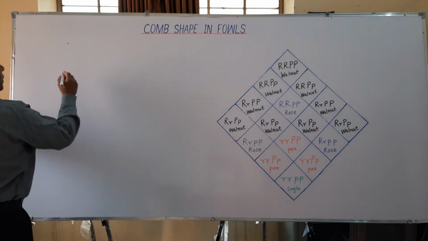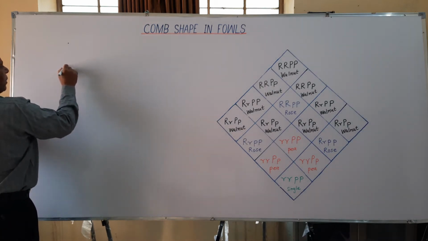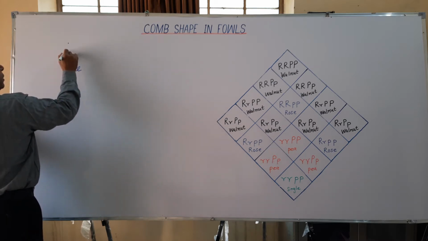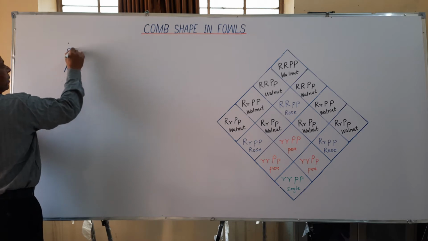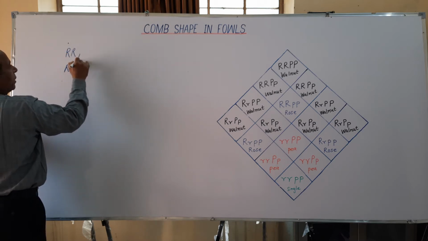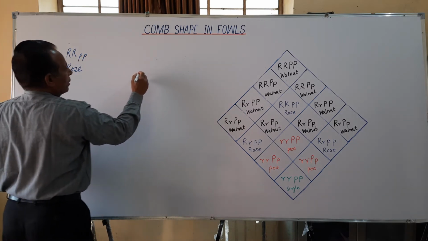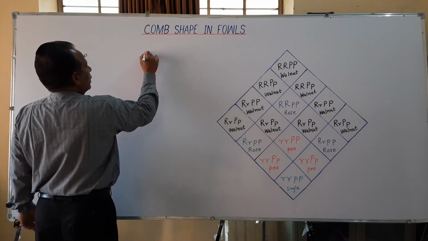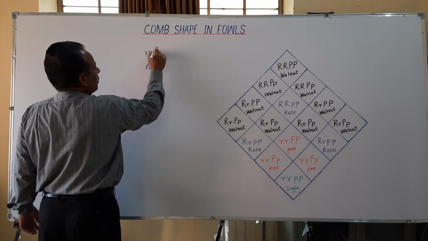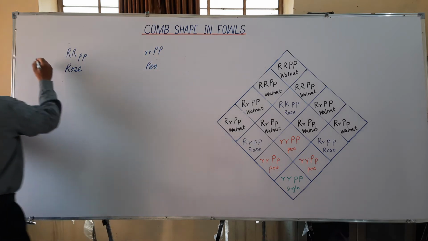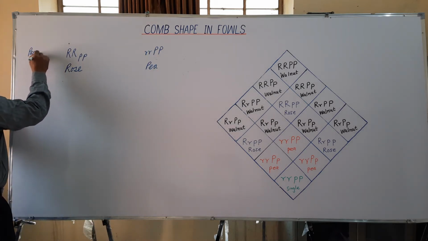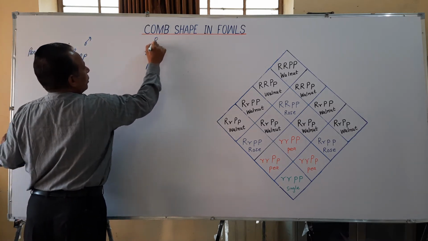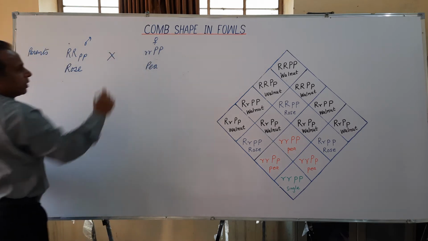Suppose the breed of chicken having rose-shaped comb, which is homozygous dominant in R and recessive in P, and another breed having pea comb, recessive in R and homozygous dominant in P, are taken as parents, rose as male and pea as female or vice versa, and are crossed together.